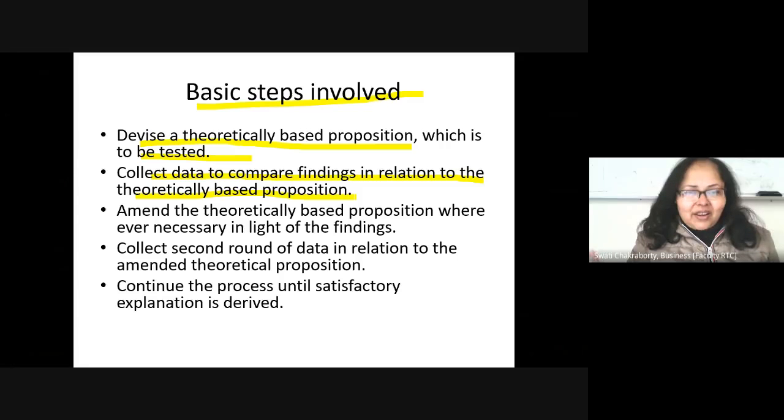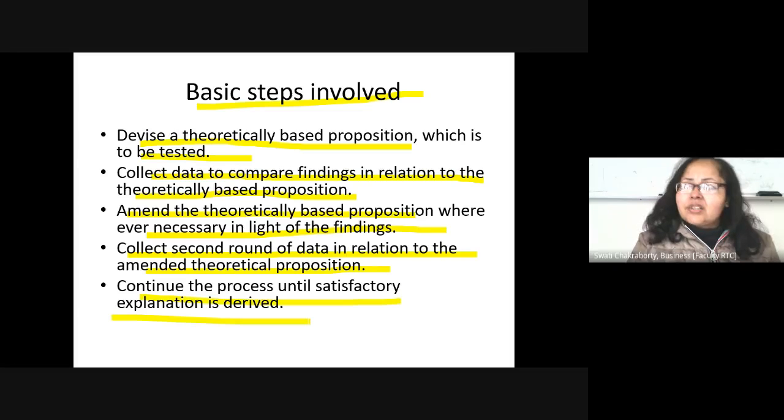And wherever necessary, amend the theoretically based proposition based on the findings from the data collected, and then collect a second round of data in relation to the amended theoretical proposition. So this process continues until a satisfactory explanation is derived.